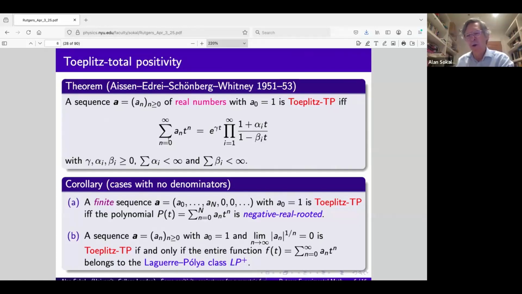And then I want to know, are they actually coefficientwise Hankel totally positive? In many, many cases, the answer appears to be yes. And in some small fraction of those cases, I've developed methods for proving it. But that's a totally different corner.